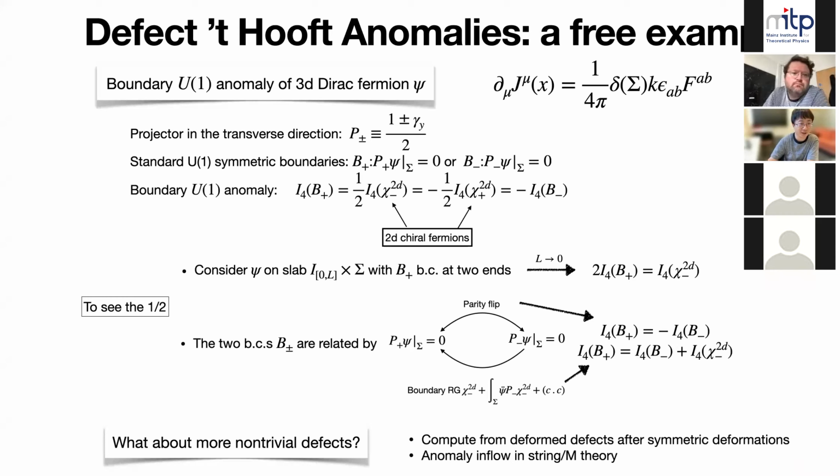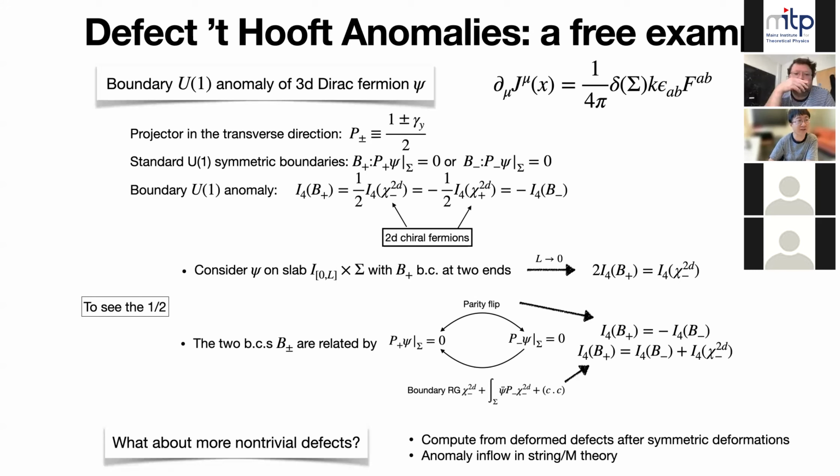There are standard boundary conditions for the Dirac fermion that preserve the U(1) symmetry that can be defined using a projector. Depending on whether you project the chiral or anti-chiral component of the Dirac fermion to 0 on the boundary, you have two different boundary conditions that preserve the same U(1) symmetry. The explicit computation tells you that this coefficient for the plus and minus boundary conditions have opposite 't Hooft anomalies, captured by the anomaly four-form polynomial with a 1/2 coefficient in the front.